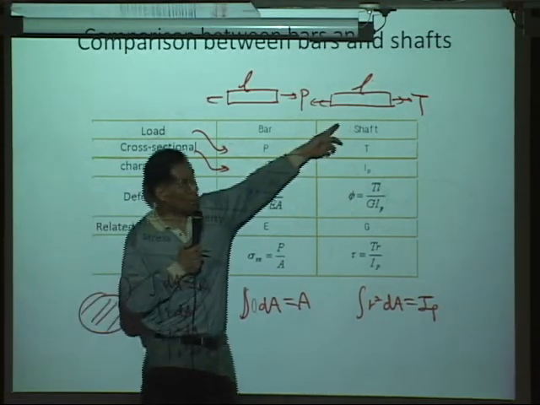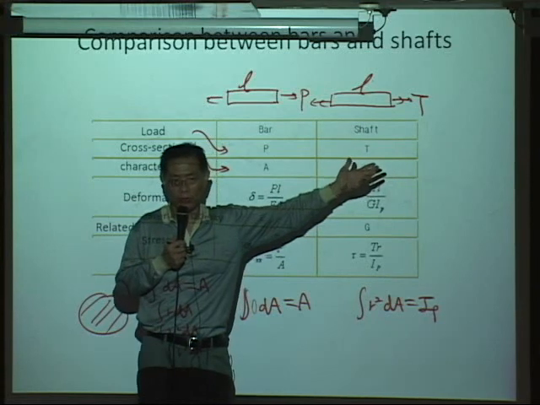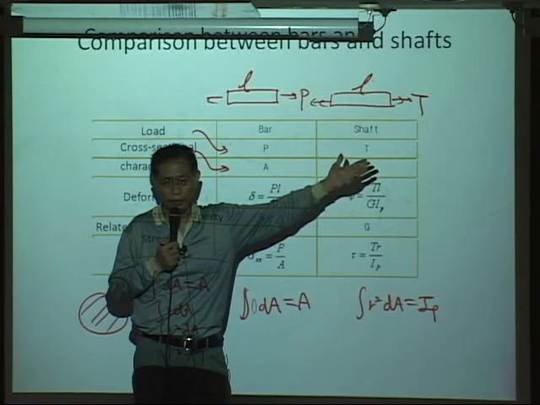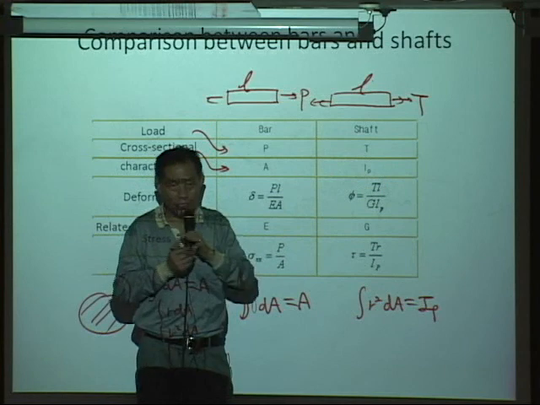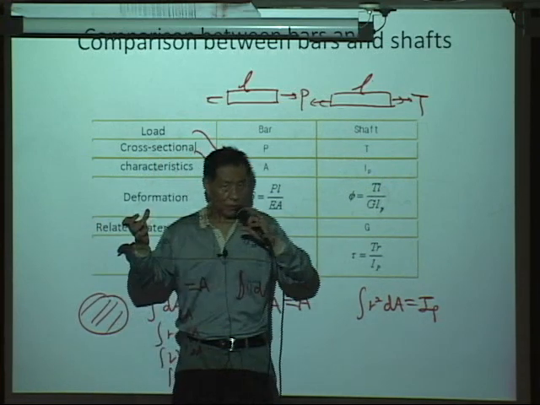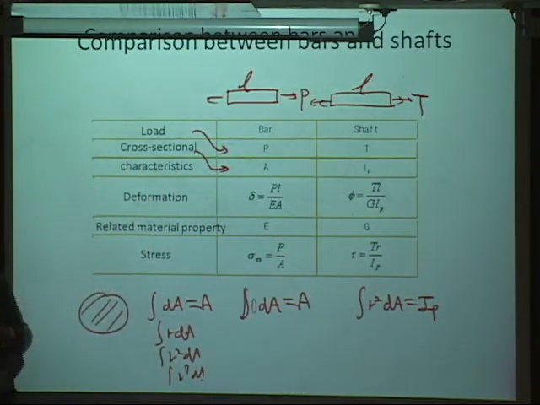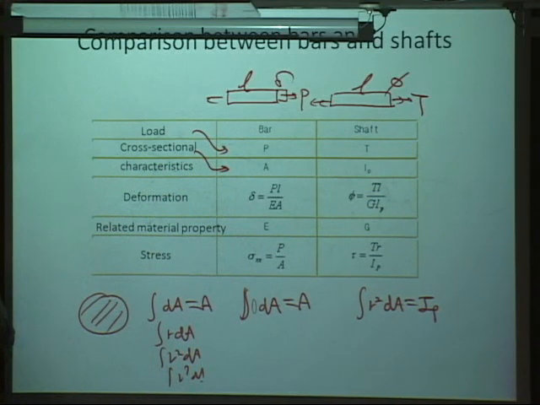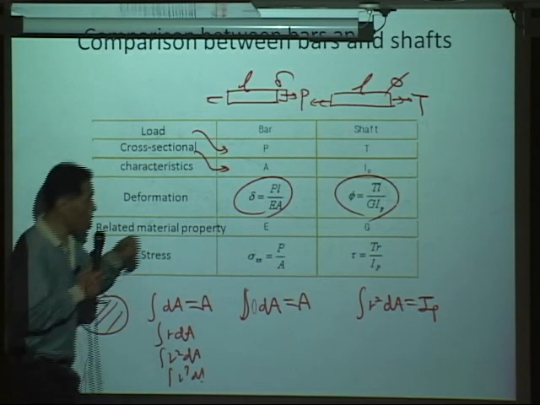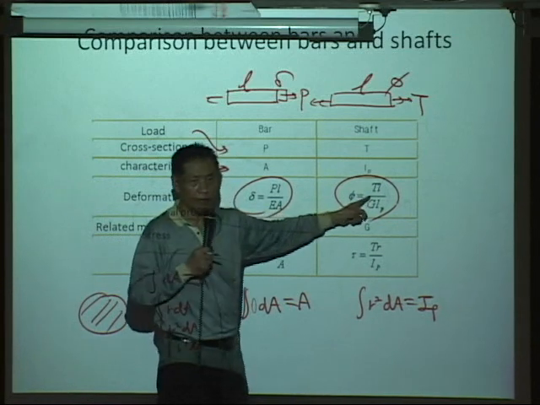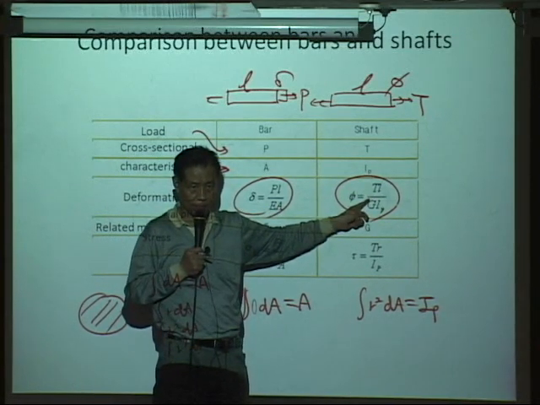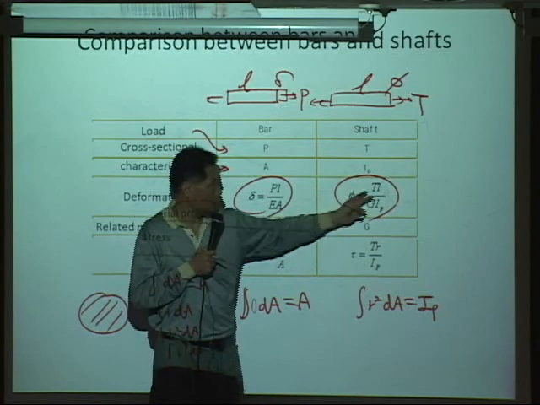And for the shaft, what is the deformation? It's simply rotation. When you have it fixed and you apply a torque, the angle of rotation is phi. Here the deformation is delta. So delta is P times L over EA, and phi is torque T times L divided by G IP. Pay attention to each term.